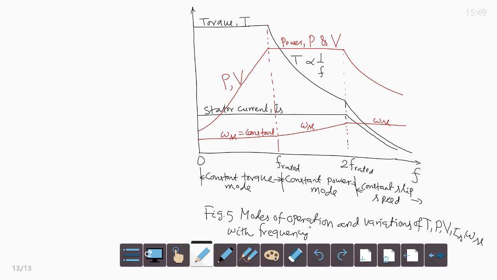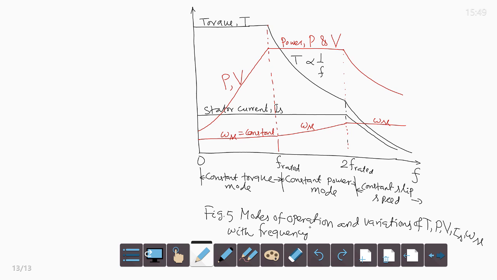So, as you can see, from 0 to rated frequency, the drive is operated in constant torque mode. Above the rated frequency, the drive is operated in constant power mode, but that can continue up to a certain frequency, beyond which power cannot be maintained, power will again decrease, that is constant slip speed mode.